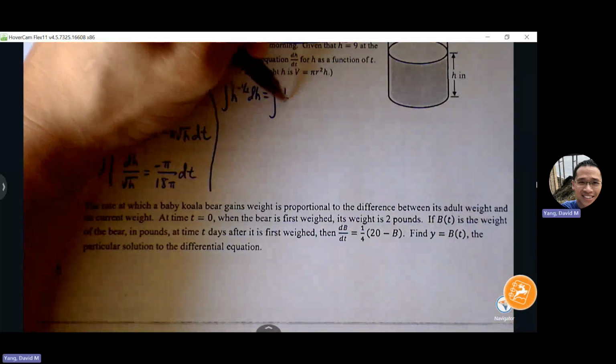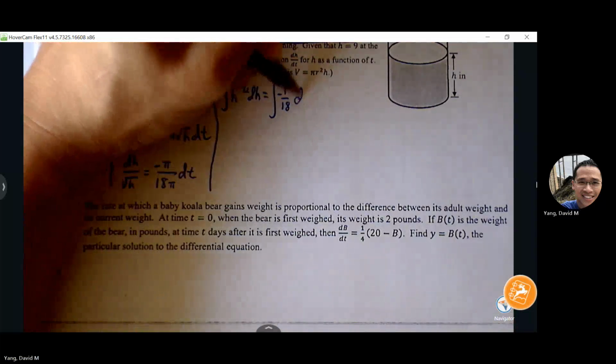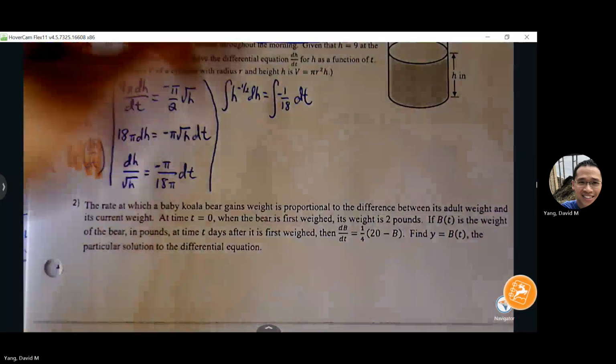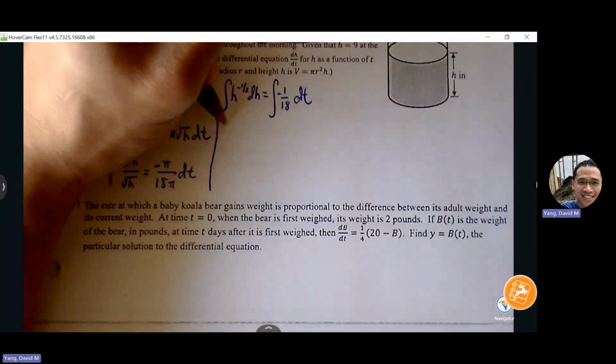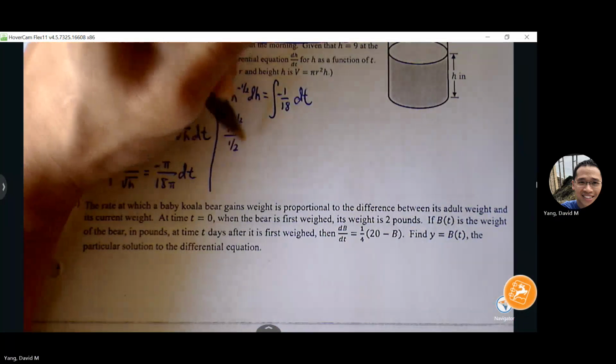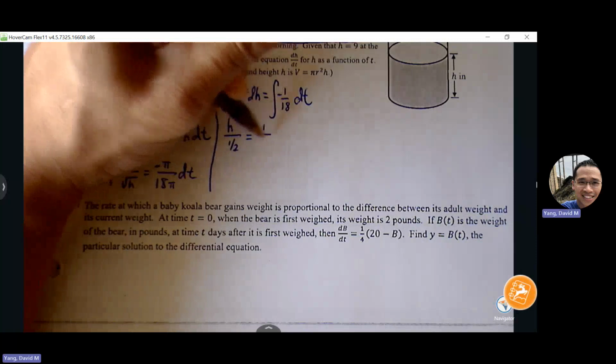Negative. Mm-hmm. Okay, power rule. h to the negative 1/2 becomes h to the 1/2, yeah. Power rule on the right side as well.